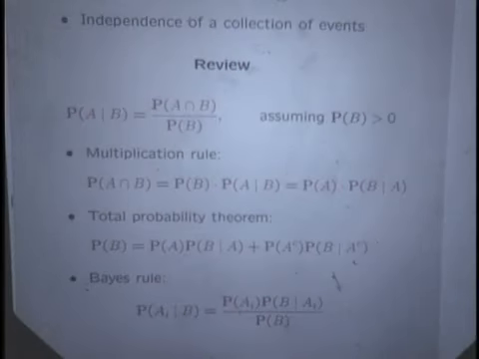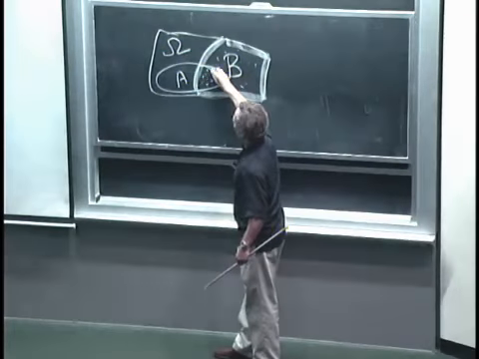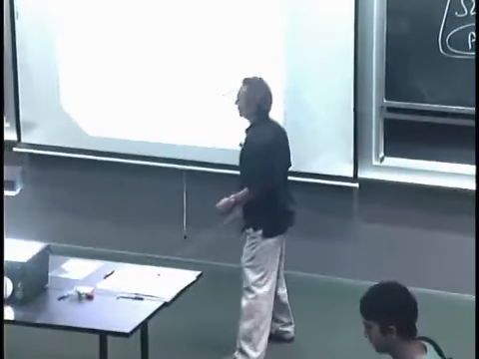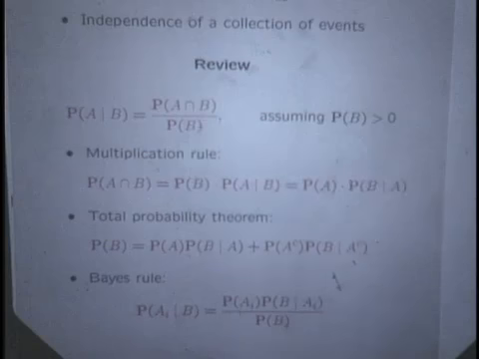So out of the total probability assigned to B, we see what fraction of that total probability is assigned to those elements here that will also make A happen. Conditional probabilities are left undefined if the denominator here is 0.